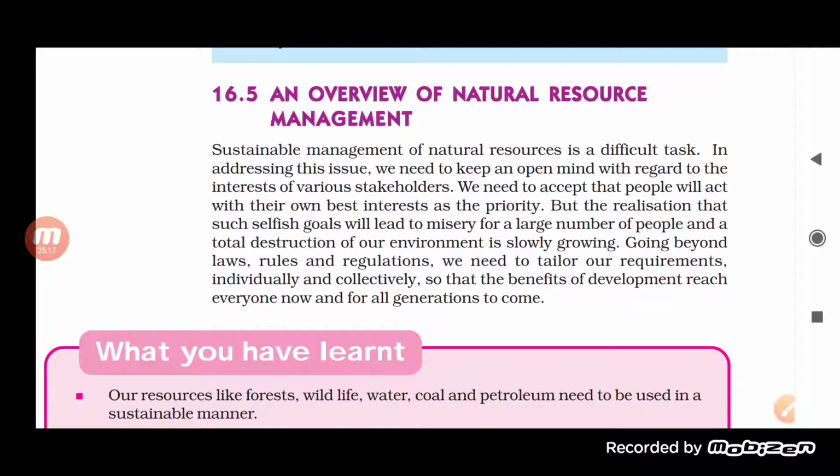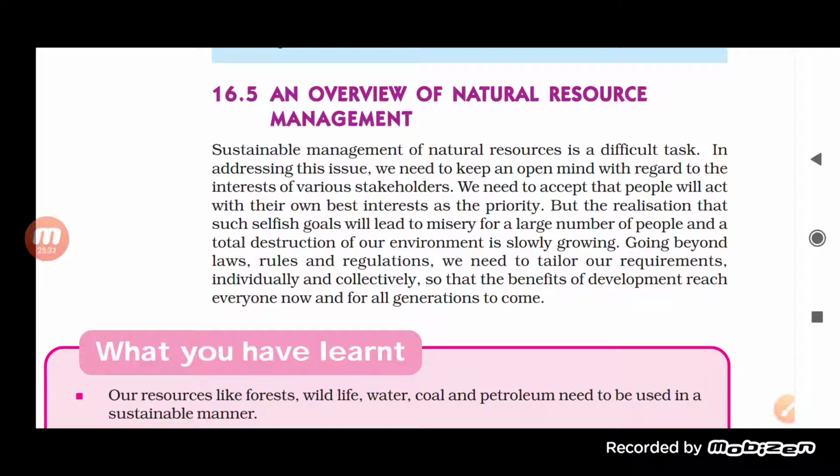Now an overview of our natural resources. Sustainable management of natural resources is a difficult task, and in addressing this issue we need to keep an open mind with regard to the interests of the various stakeholders.